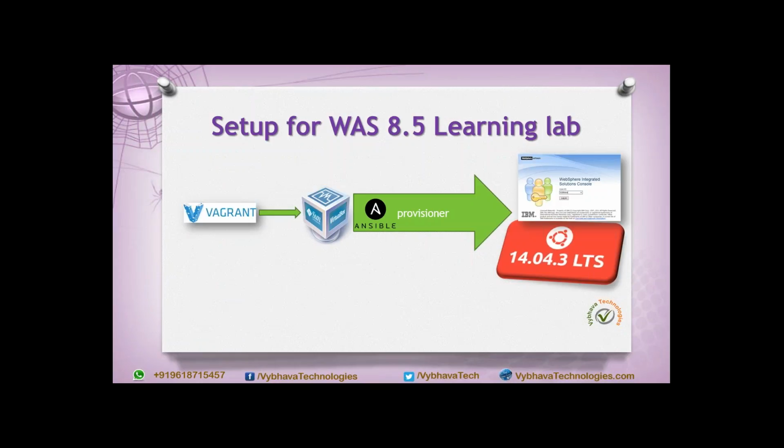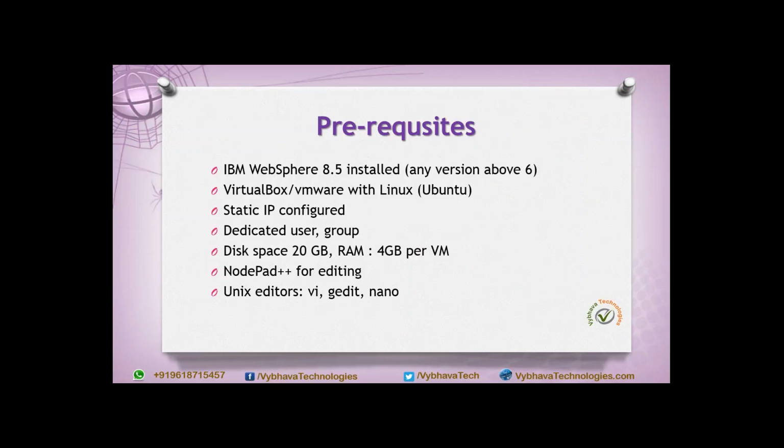Vagrant with Oracle VirtualBox will let you provision Ubuntu Linux, and on top of Ubuntu you can run the installation manager and create the WebSphere environment. That gives a basic one-server environment where you can try simple scripts and understand the basic level of scripting.